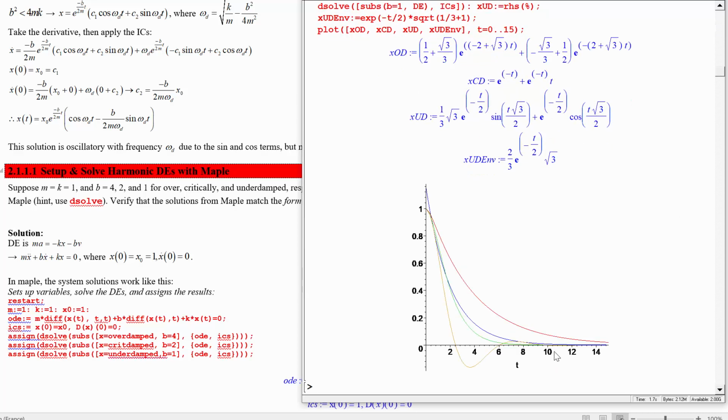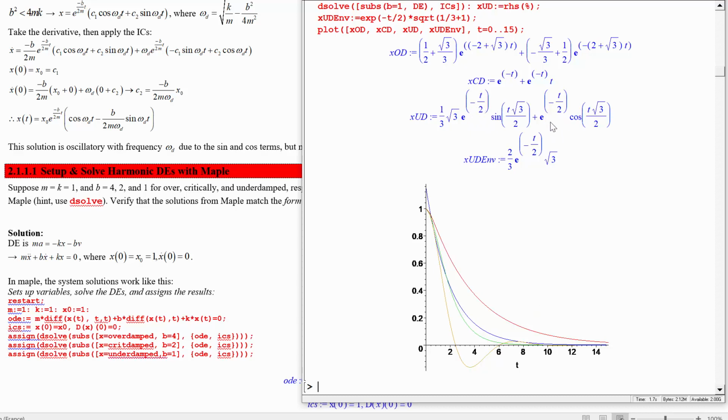Okay, so this blue thing now is just the raw decaying exponential, which this cosine and sine term is inside of. As we continue time forward, the cos and sine term are oscillating back and forth around the equilibrium position, making this thing oscillate back and forth around x equals 0, but with this decaying envelope that goes away like negative t over 2.